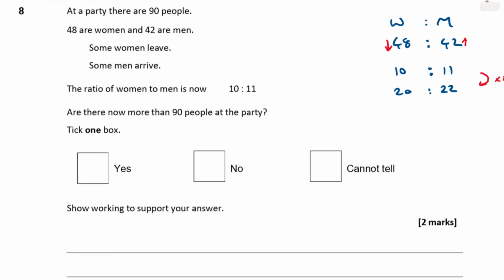If I multiplied it by 3, I would get 30 to 33. If I multiplied it by 4, I'm going to get 40 to 44. Okay? So, is there any other possibility? Now, if I multiply it again, I'm going to get 50 to 55.